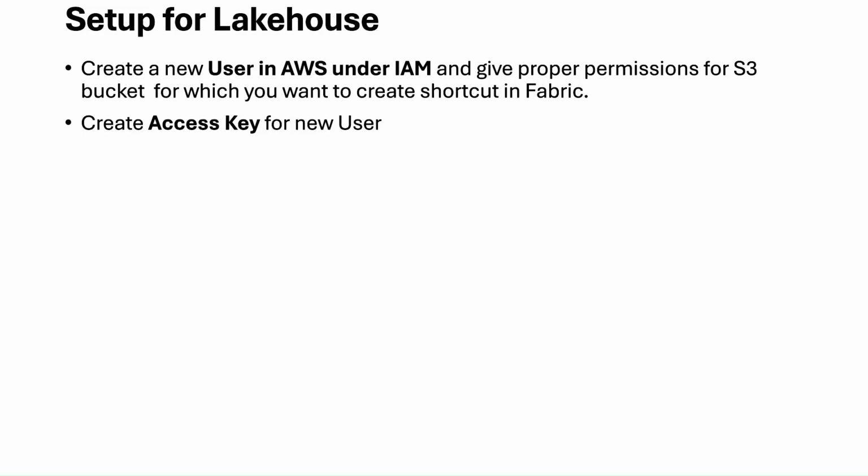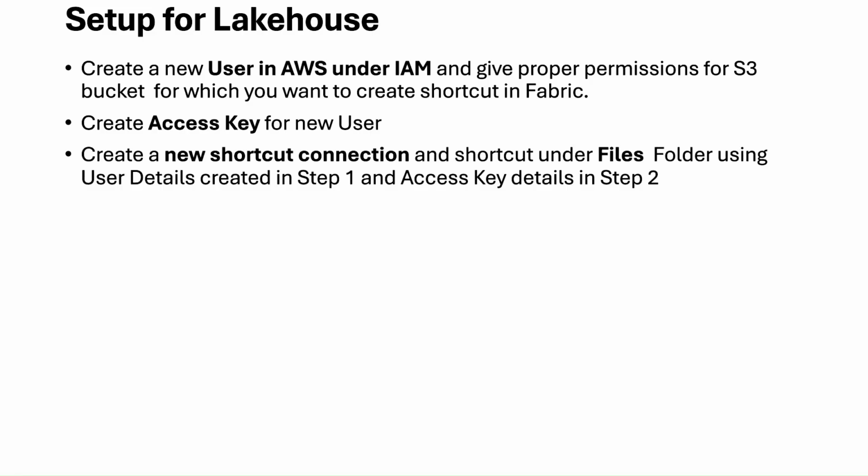Once the new user is created, you are going to create an access key for it. This step will also create an access secret key, and we are going to use both the access key and access secret key in the connection. When we create a new shortcut connection and shortcut under the Files folder, we need to use the user details as well as access key details. We will see everything shortly.